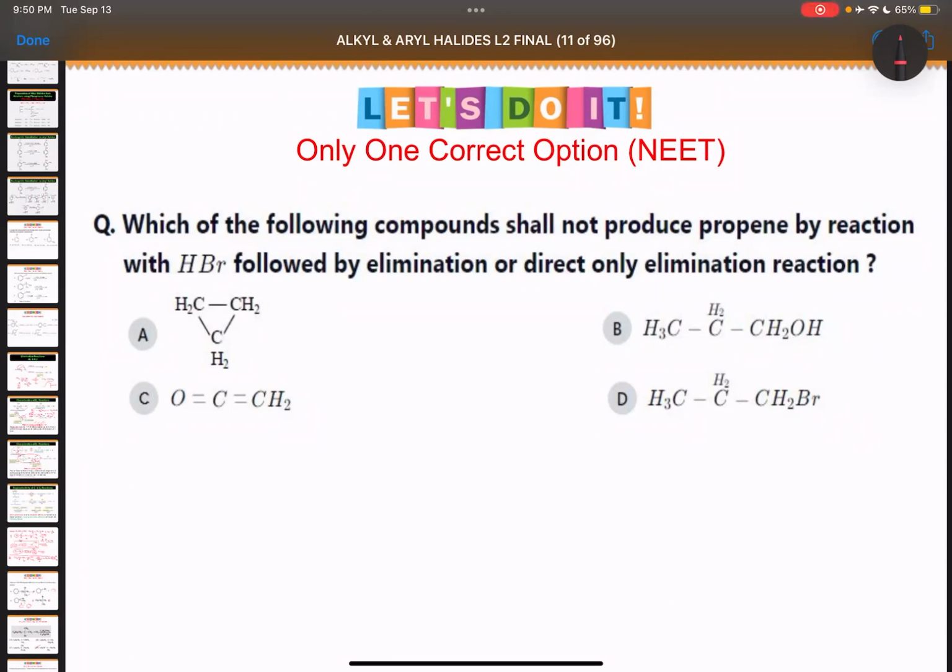Sometimes what happens, suppose if we try each and every option, it may take a long time. But sometimes if we apply the trick, it can become very easy.